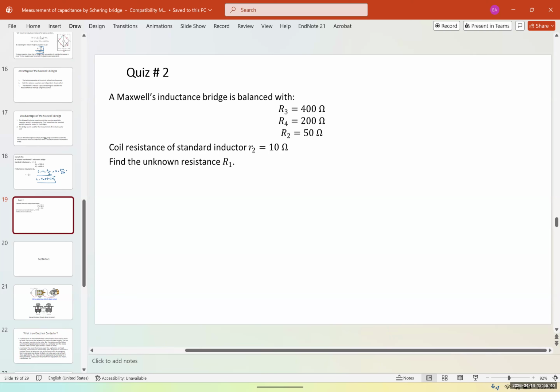Here, the ratio between the internal resistance of the coil and the resistance is 1 to 5, so you can't ignore it. But if, for example, this was 1 and that was 50, then you can neglect it. Here you can see since R2 is also small, it's going to be significant compared to R2. So you need to take that into account.